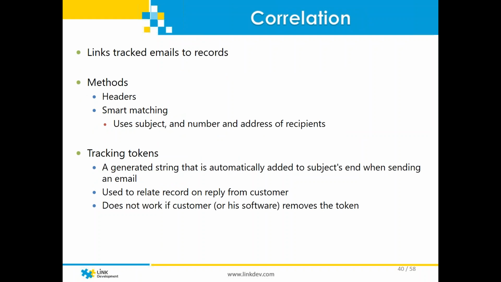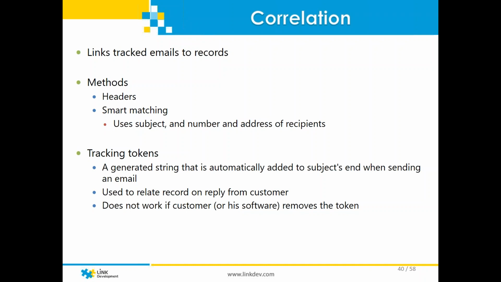Then there is correlation. Correlation is how you know that this email is in response to an email you have sent before. The way CRM does this is that it uses either smart matching, where it compares the names, for example, the subject, the number of recipients, their addresses, or it uses something called a tracking token.